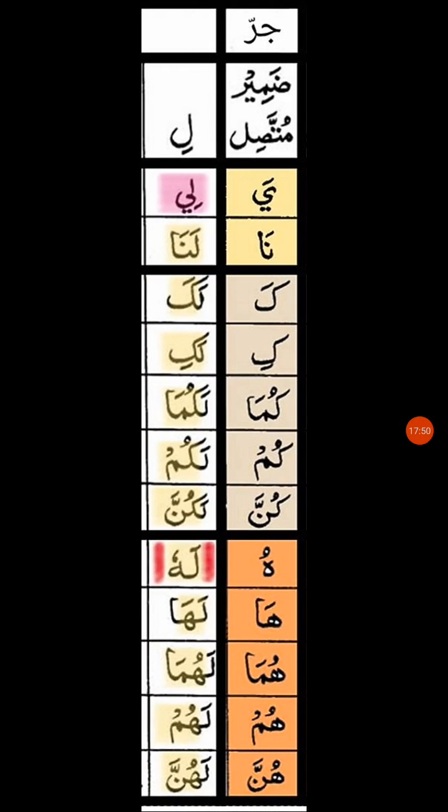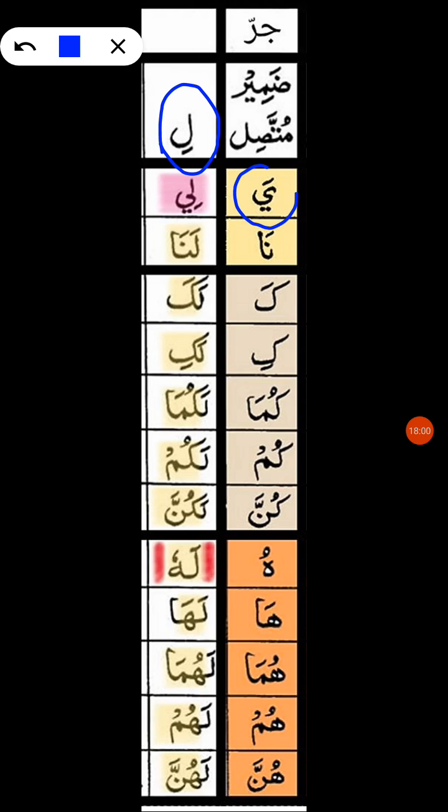Next, I would want you to look at this. Whenever your harf jar is li and it forms a jar majrur fragment with ya mutakallim, it's going to be li, right? It was obvious. However, for the rest of the majrur pronouns, you are going to notice that this li becomes la: lana, laka, laki, lakuma, lakum, lakunna, lahu, laha, lahuma, lahum, lahunna.